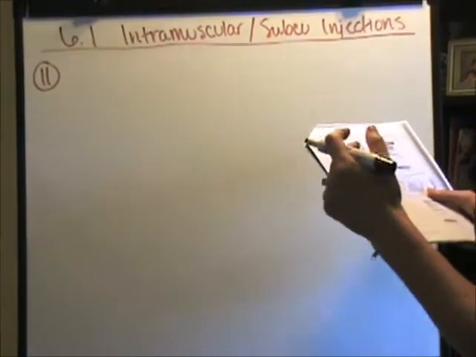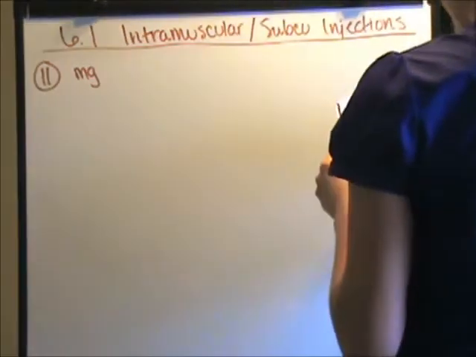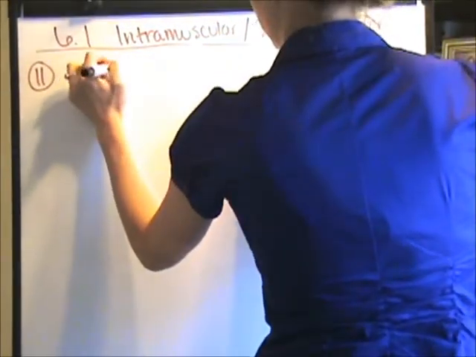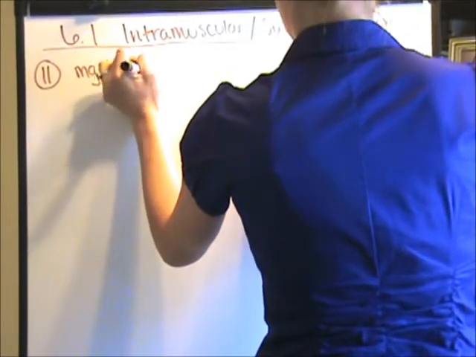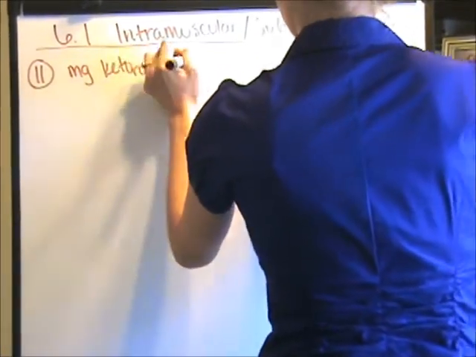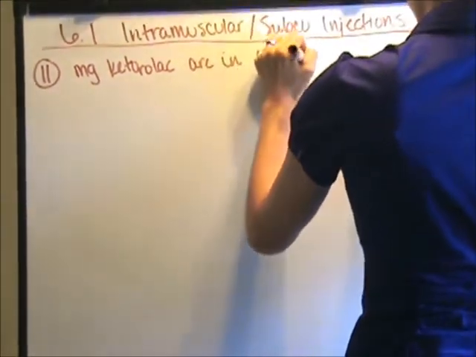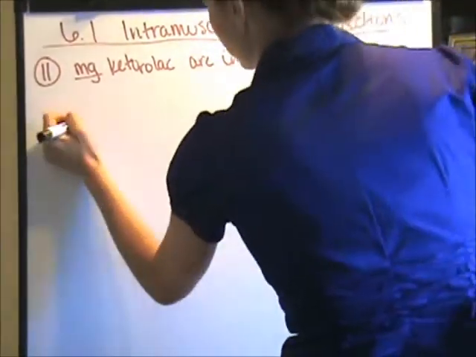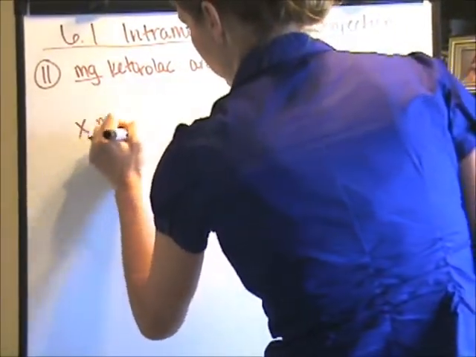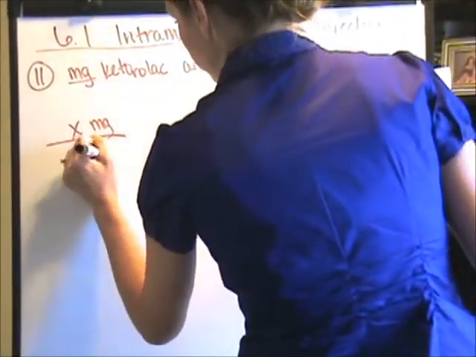Number 11, how many milligrams of ketorolac are contained in 0.5 ml? So instead of using X as milliliters, we're going to be solving for milligrams. The desired dose, 0.5 ml.